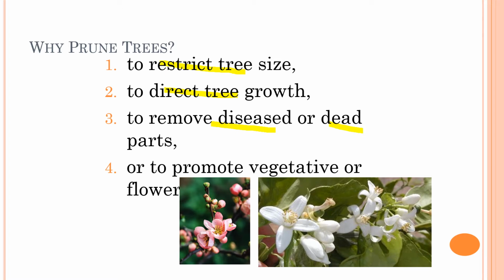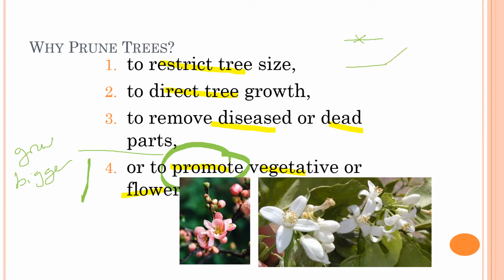Sometimes we want to promote vegetative or flowering buds. These buds will be promoted. That means they grow bigger. So these two parts will grow bigger and better. And to do that, you want to prune them. And it's always the case. If you notice, if you cut any branch of the tree, if you cut it here, this branch later on is going to branch into very different, more branches.